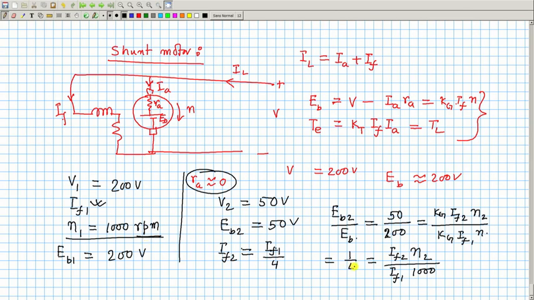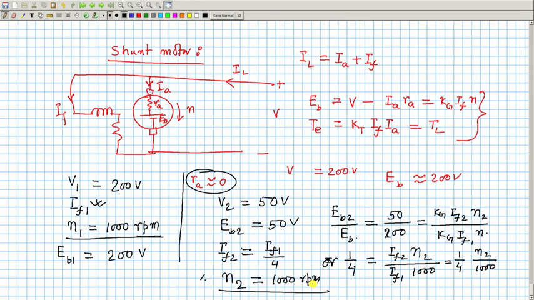And this is equal to 1/4, but I F 2 by I F 1 is also 1 by 4, so N 2 by 1000 is 1. Therefore, the speed at which the machine will run is also 1000 rpm; speed will not change. It is no surprise, because the field current is also reduced by a factor of 4.